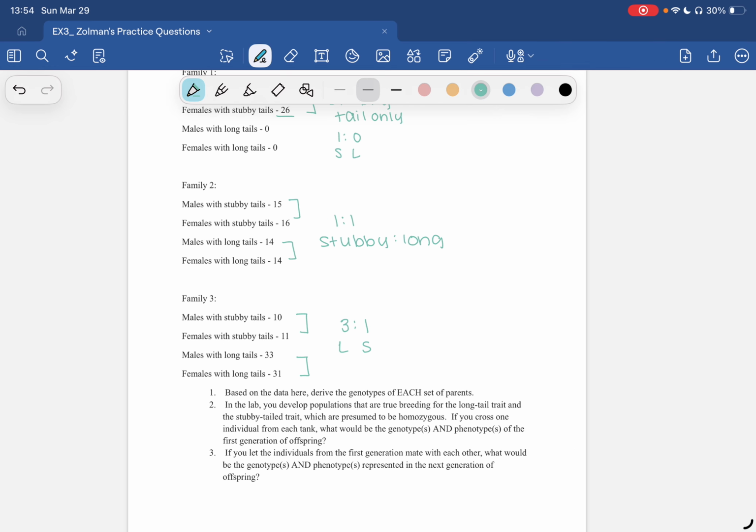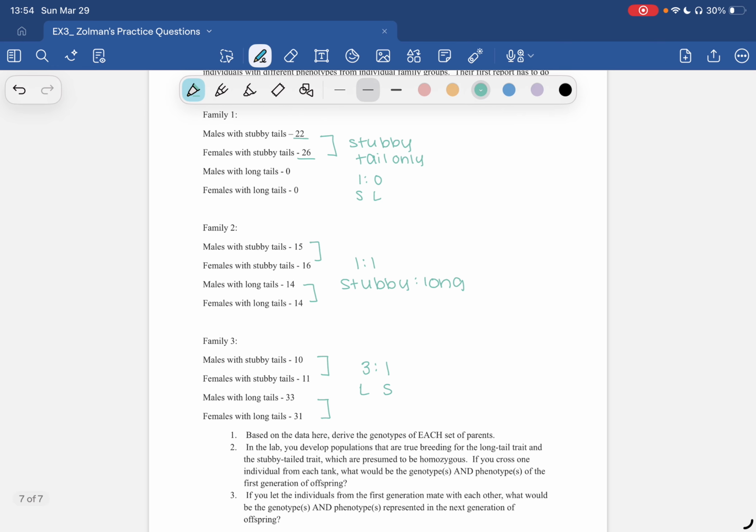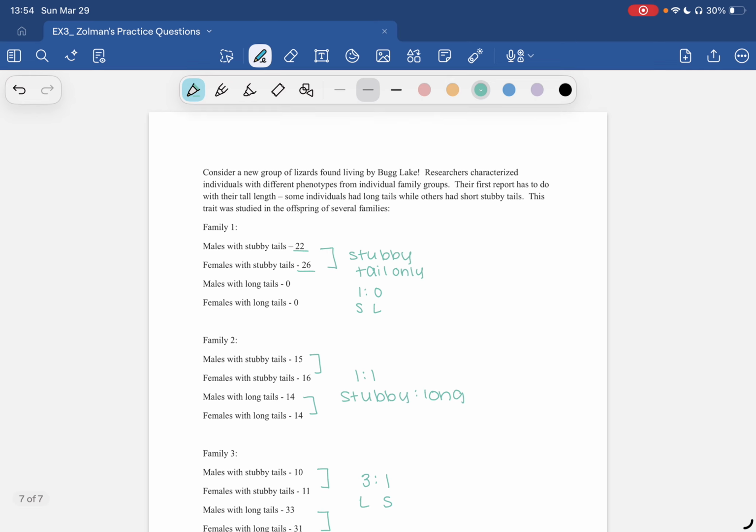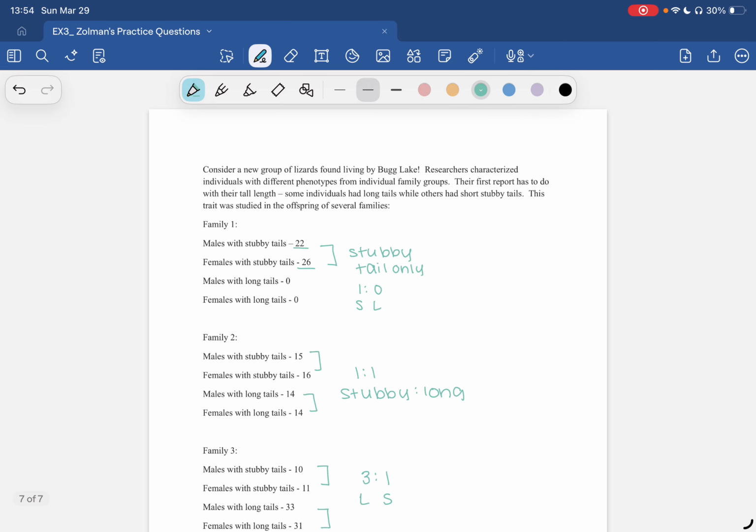Okay, so then once you have those, you need to figure out which one is dominant and which one's recessive. Here you only have stubby tails.